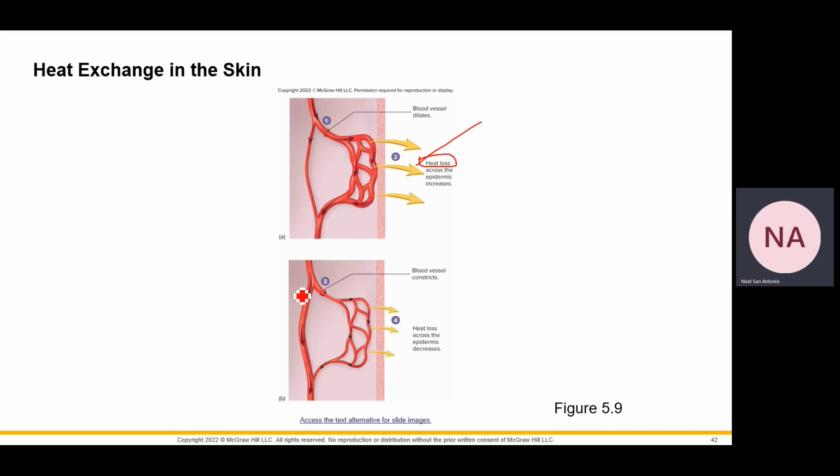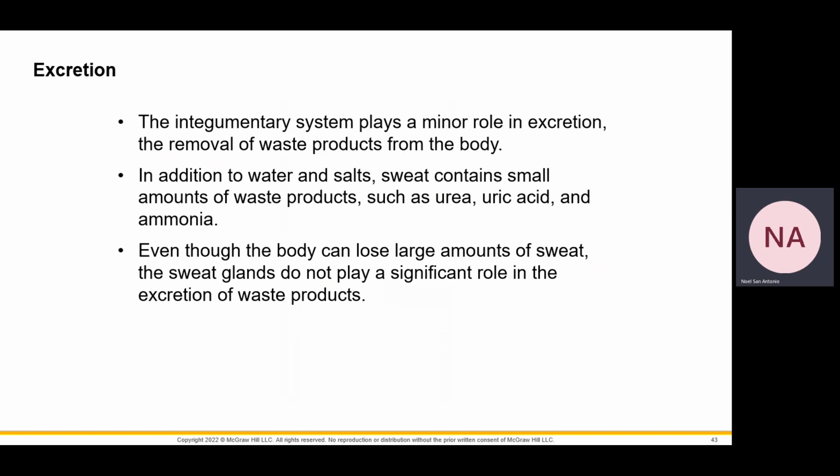So therefore, in order to avoid excessive heat loss, there is constriction of the blood vessels on the surface of the skin. Ang resulta, it will prevent heat dissipation towards the surface. Now, in terms of excretion, the skin only plays a minor role. Konti lang naman ang nailalabas natin dyan sa pawis, no?